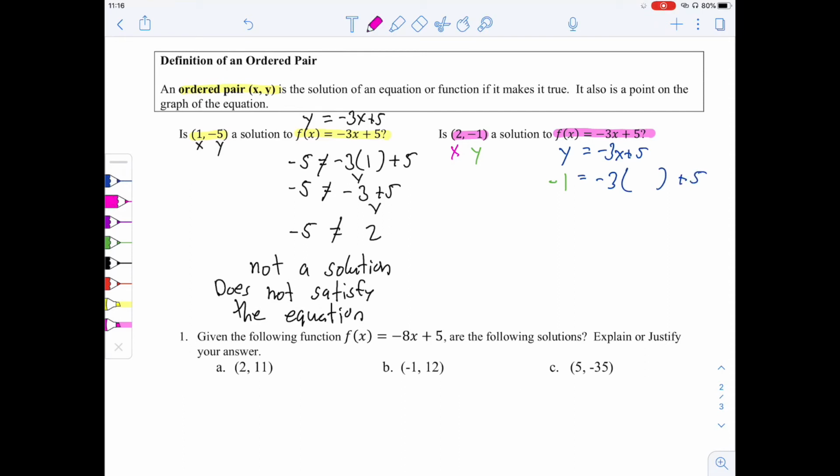Our x value is 2, and we're going to see, does it match up? So -3 times 2, -6, plus 5 is going to be -1, and that matches up. That is correct, right? So yes, it satisfies the equation.